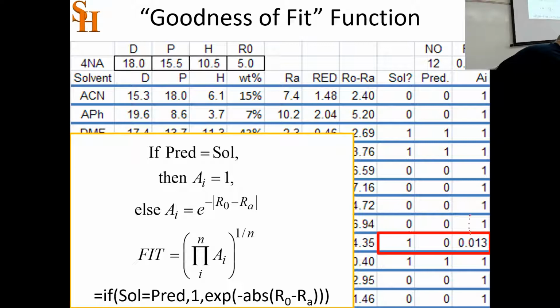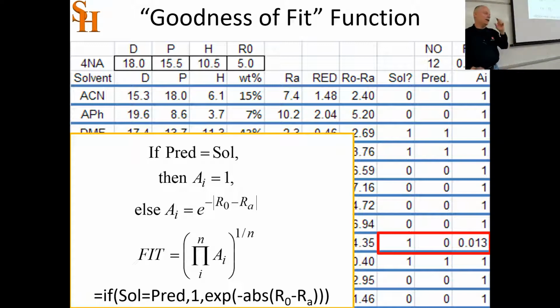Okay. Now, how do we get all of that information into a single number? Yeah. So then we just multiply every row in that column by each other. And so I have a whole bunch of 1s times 1s, so those are going to produce 1, but then we get to that 0.013, and it spoils the fit.